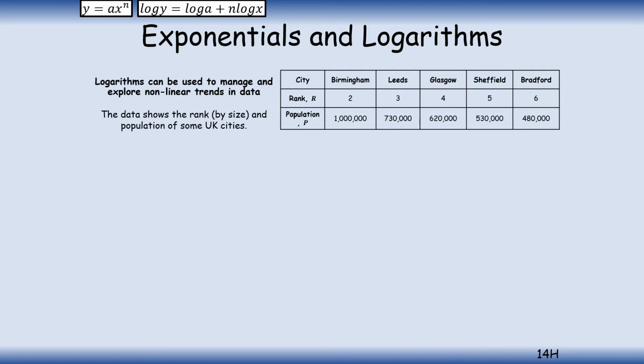So we're going to see how we could make this, which we know is going to be a non-linear relationship, linear. We are told that this can be modeled by this formula, P equals A R to the power of n. So if you just write down P equals A R to the power of n for now.